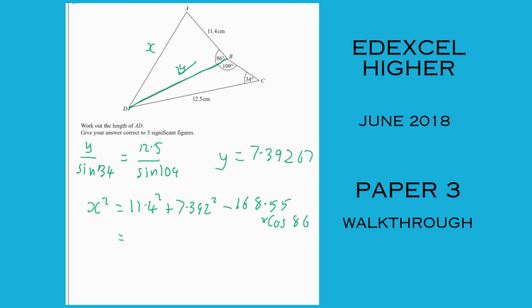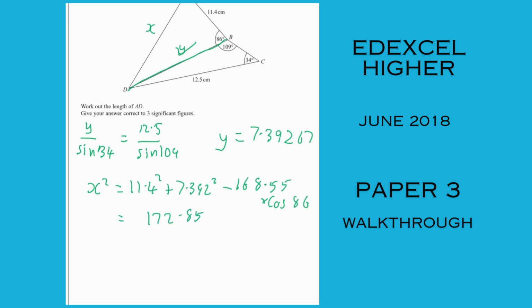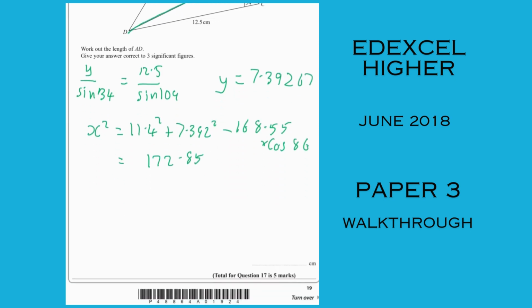So for x squared, I'm getting 172-ish. So we square root for the correct answer, not forgetting 3 sig figs, 13.147 and so on. So 13.1.